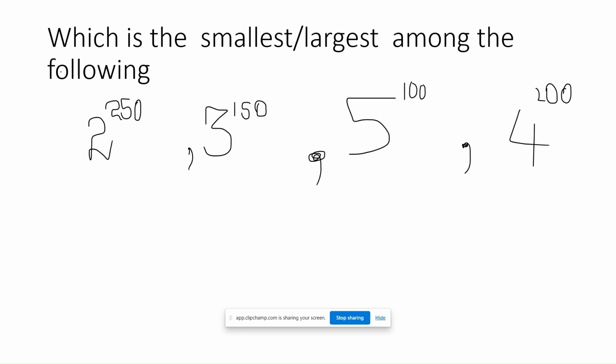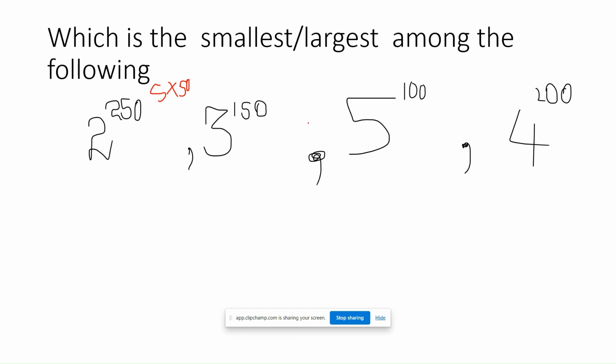Now next, they have given here and you have to find out the smallest or the largest among the following. So here 2 to the power of 250, 3 to the power of 150, 5 to the power of 100, 4 to the power of 200. These are all divisible by 50. I can write this 250 as 5 into 50, which is 250.